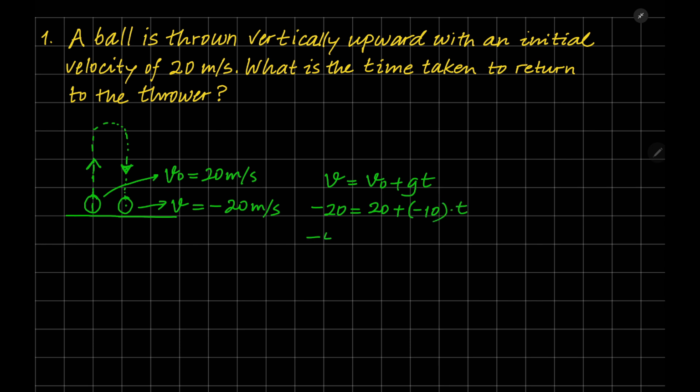That means negative 40 is equal to negative 10 t, and t or time is equal to 40 divided by 10, which is 4 seconds. That's the answer.